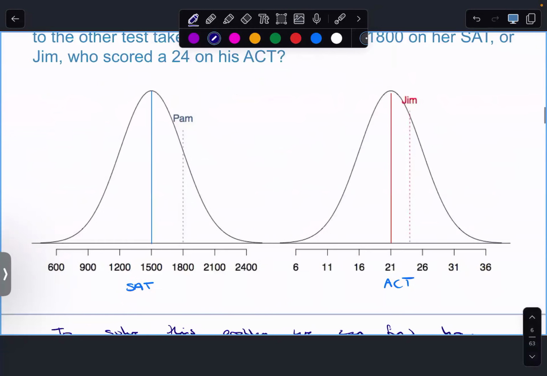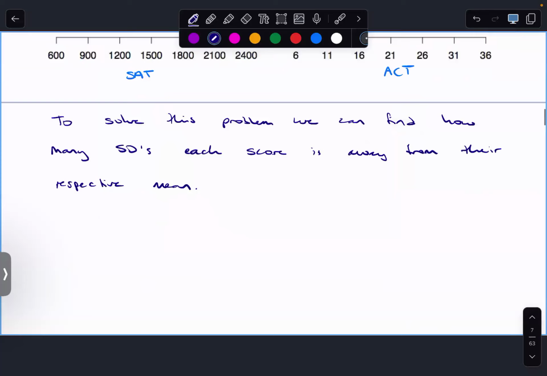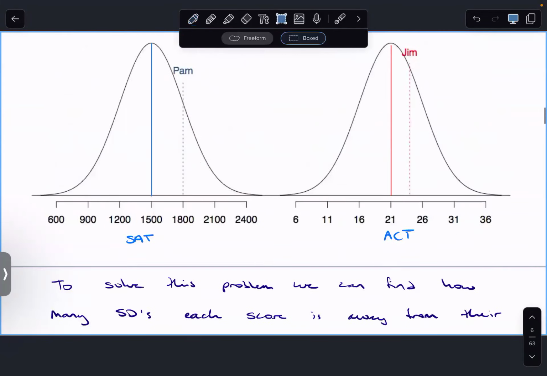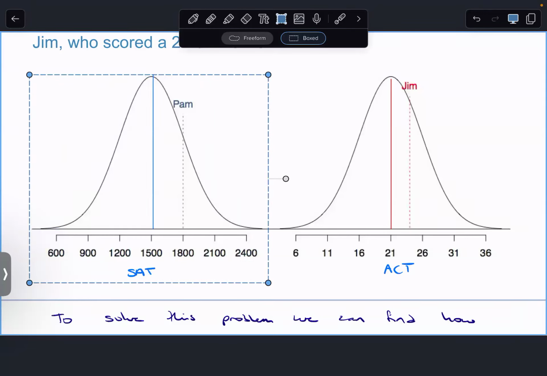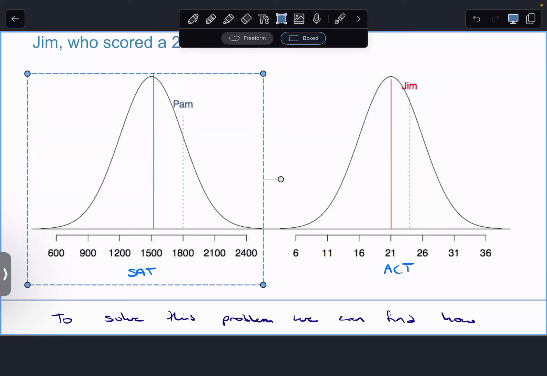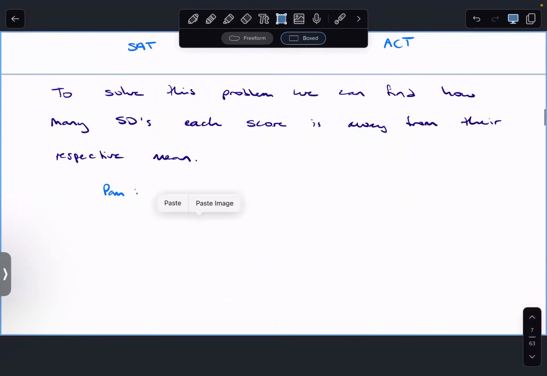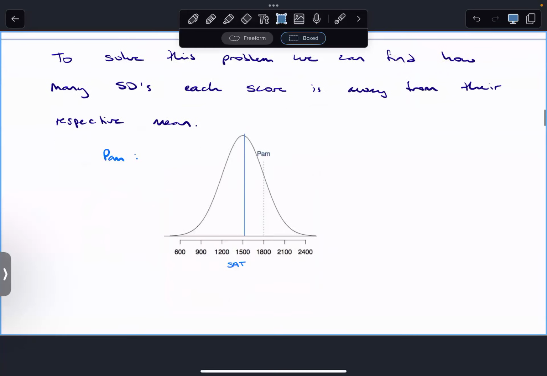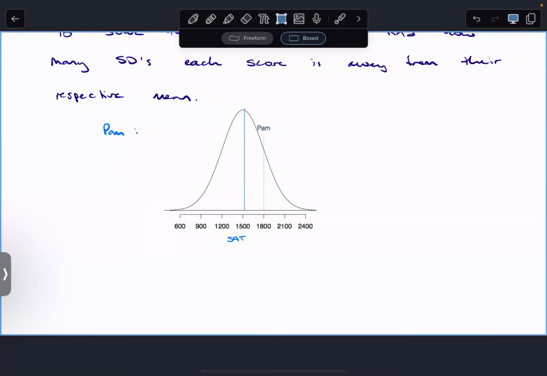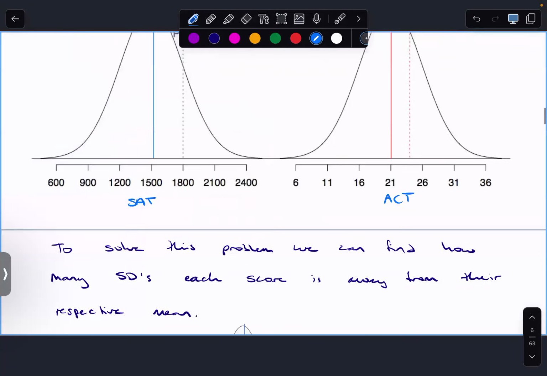So if we focus on Pam, we're looking at this. Score of 1800 with a spread of, I want to say, 300.